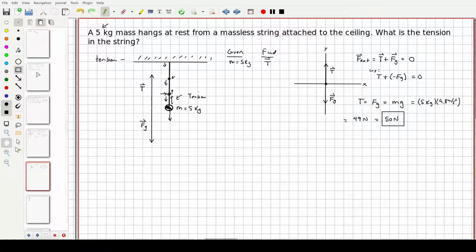Now, the magnitude of the tension is 50 newtons. We're asked for the tension. That's a vector. At least in this case, as drawn, T vector is equal to 50 newtons in the y-hat direction.